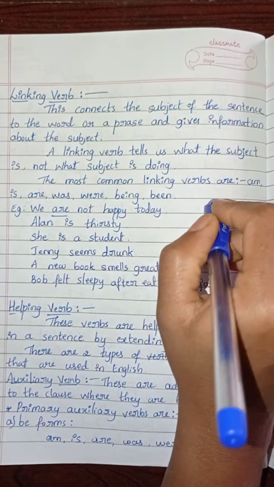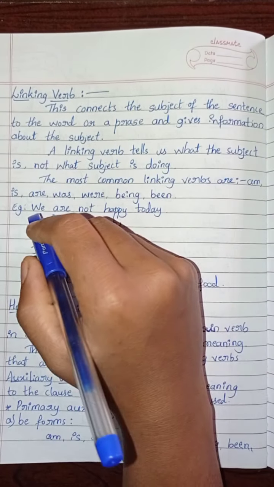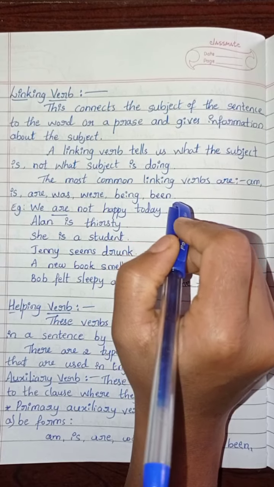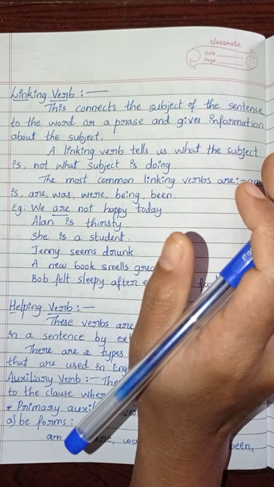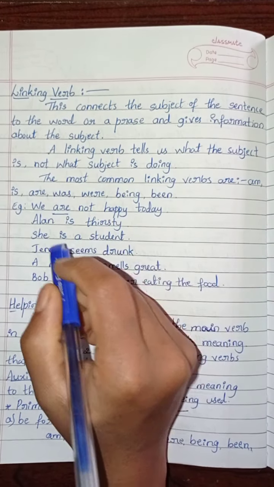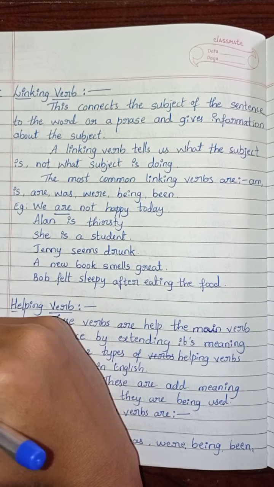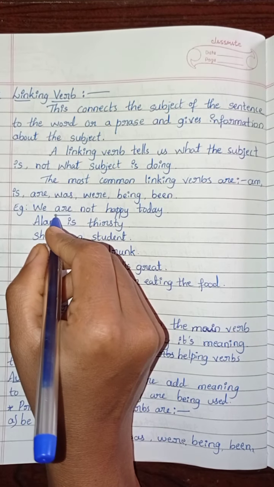The most common linking verbs are am, is, are, was, were, being, been. These are the linking verbs. For example, we are not happy today. Here "are" is a linking verb.